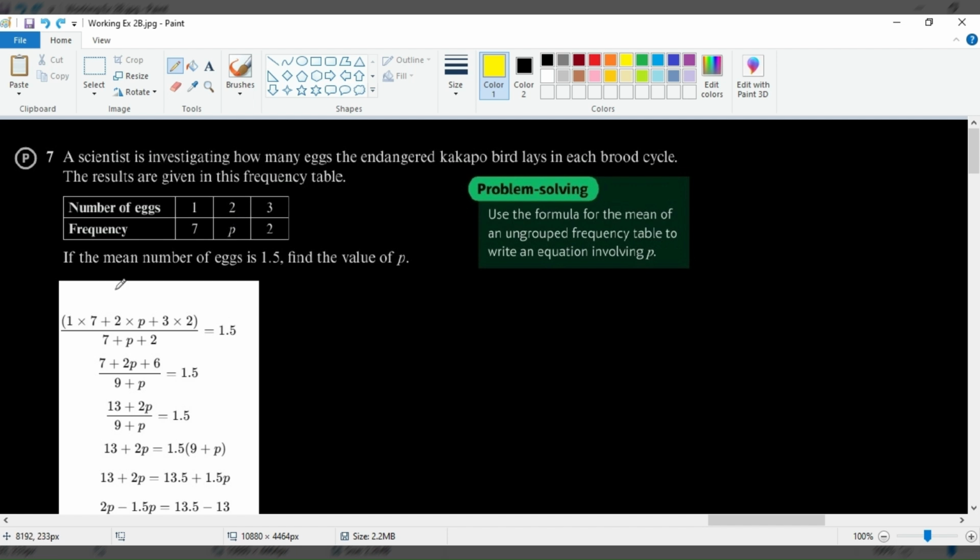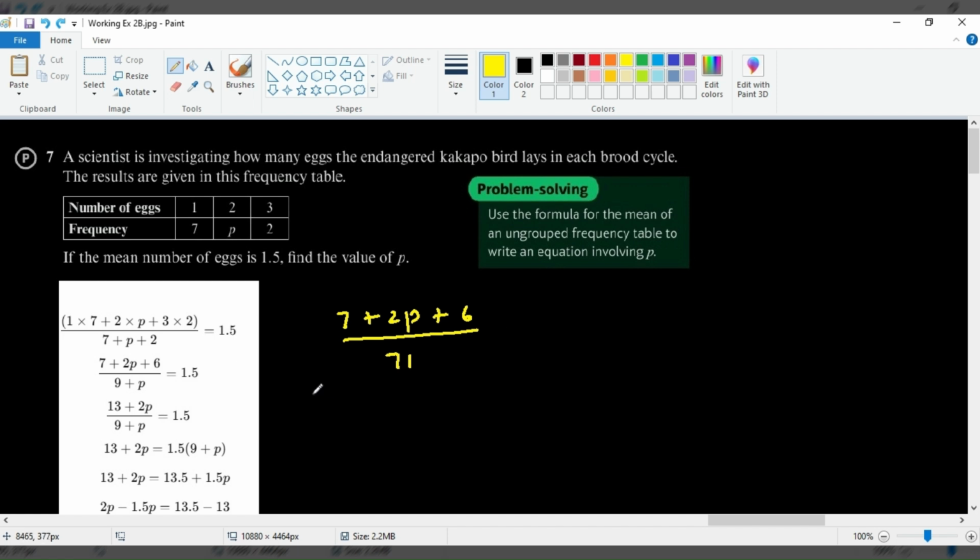So if the mean number of eggs is 1.5, that means 1 times 7, 2 times p, and 3 times 2. That means 1 times 7 is 7, plus 2 times p, and 3 times 2 is 6. So when all of them are divided by 7 plus p plus 2, it's going to equal 1.5. This is how the expression is going to be that you can see on the screen.